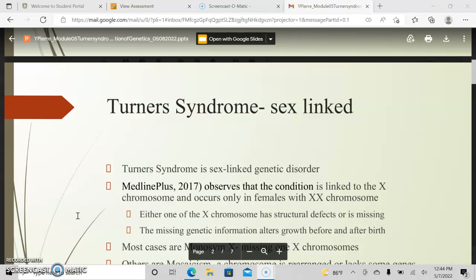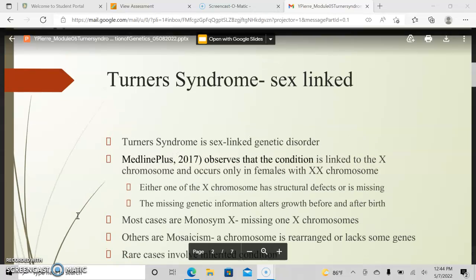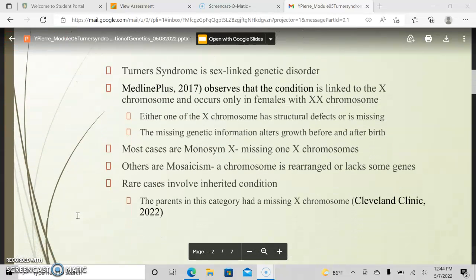These are known as mosaicism. However, a rare case involves an inherited condition. The patient in this category had a missing X chromosome. Okay? This is the first slide.